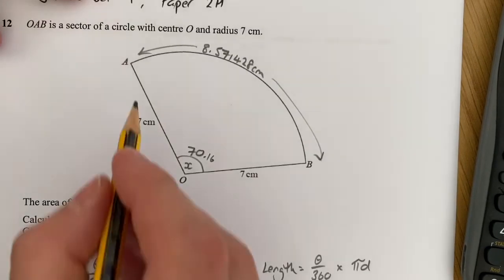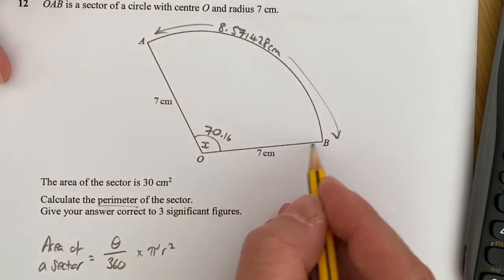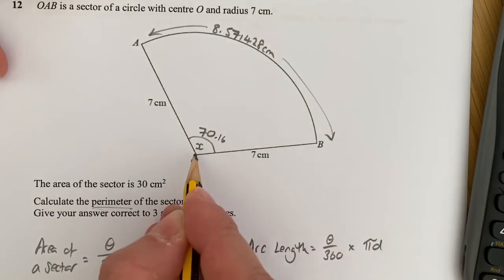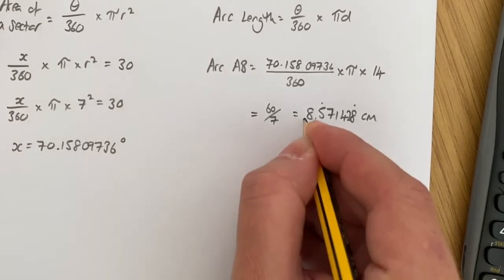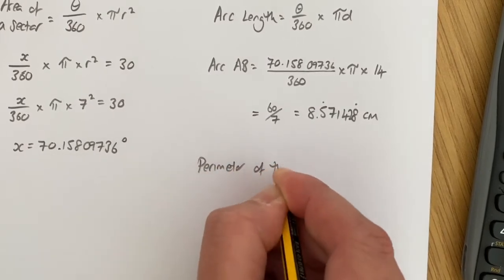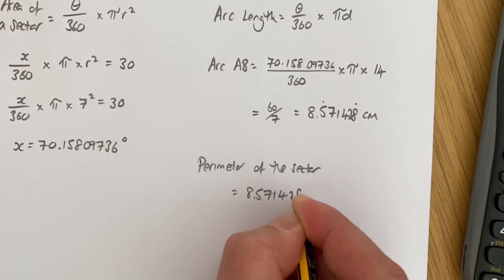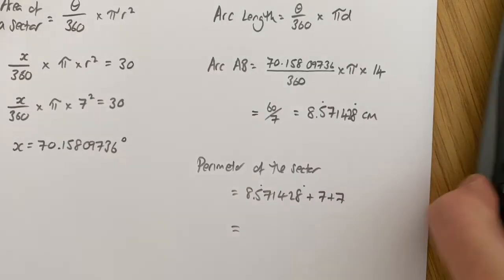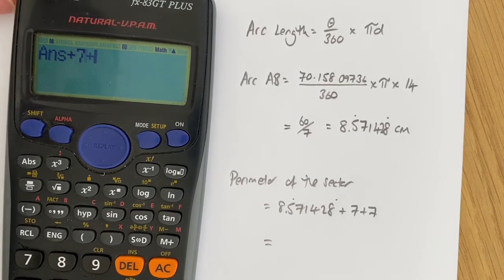The question didn't just want the arc length, it wanted the whole perimeter of the sector, the distance all the way around the sector. So that would be 8.571428 plus 7 plus 7. I can just take my answer from my previous one. So the perimeter of the sector is 8.571428 plus 7 plus 7.